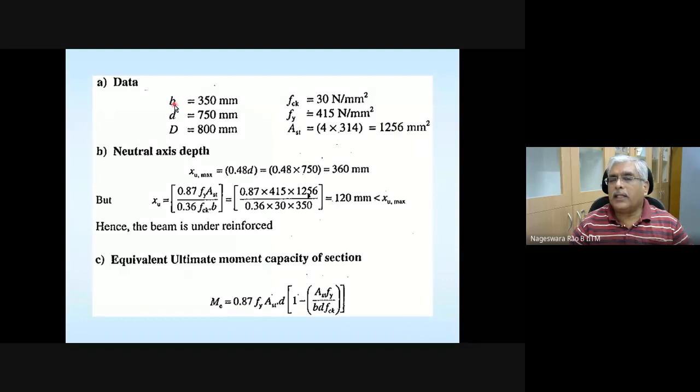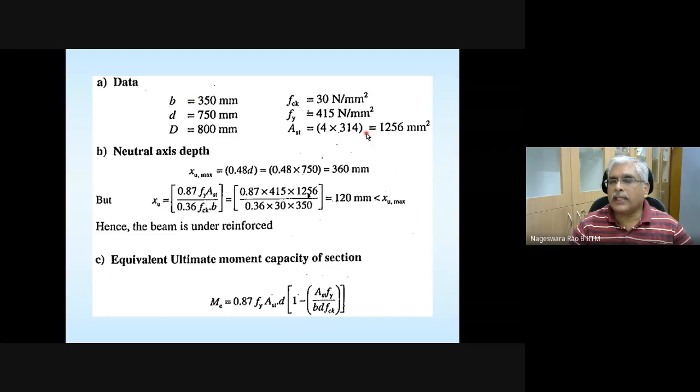So here, based on the information description that is given in the problem statement, instead of limiting moment of resistance, XU max is, once the grade of steel is fixed, you can go to your page 70 of IS 456 and find what is XU max, limiting neutral axis depth.